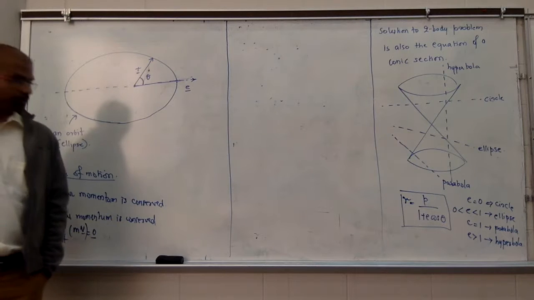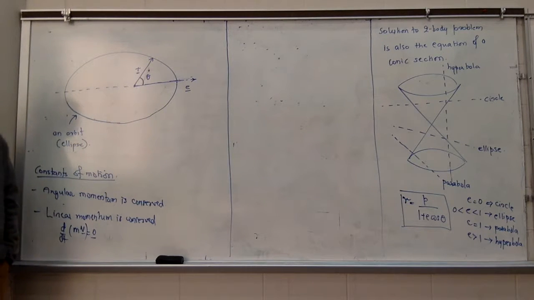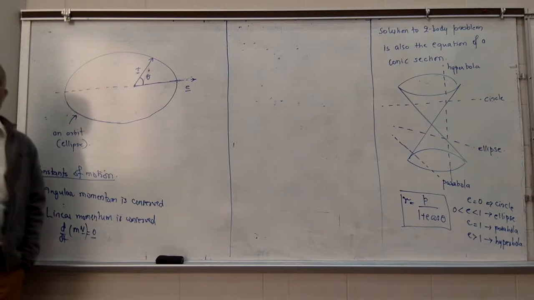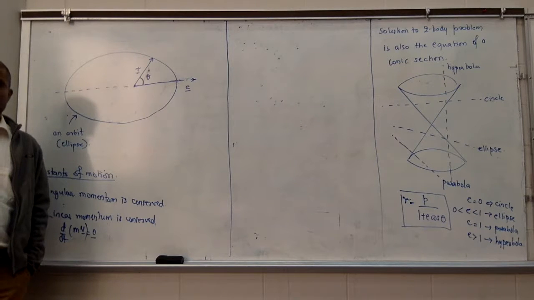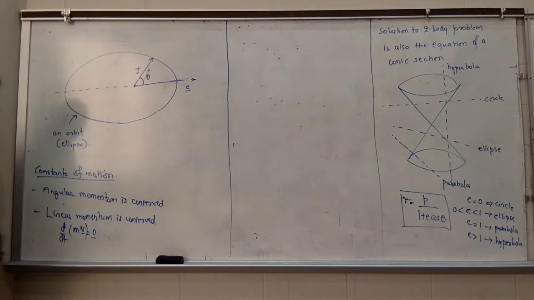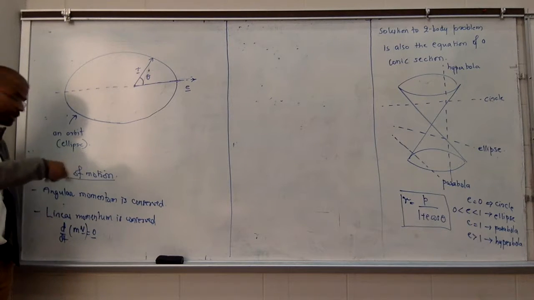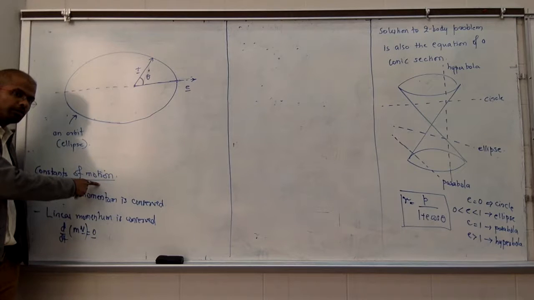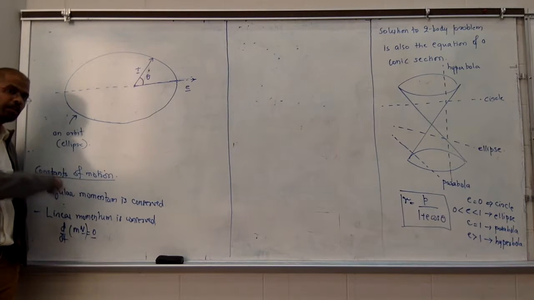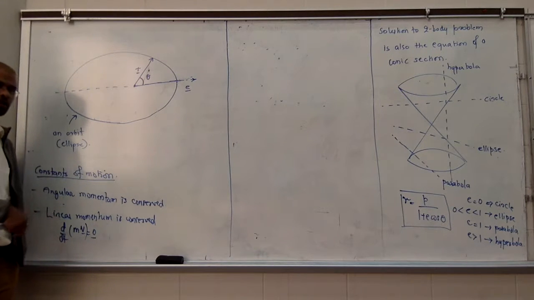When you put constants of motion, you have to understand the law of inertia. Okay. So what does the law of inertia say? A body in motion will stay in motion until an outside force acts upon it. Right. So here the body stays in motion, it is a constant until an external force acts on it.